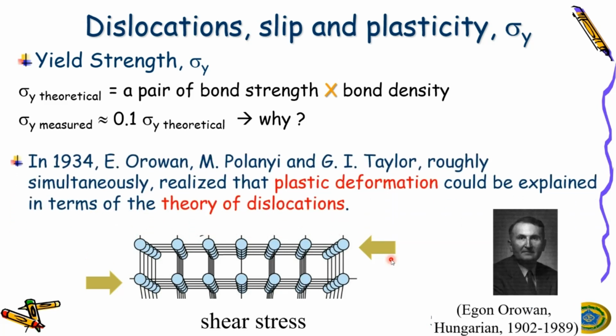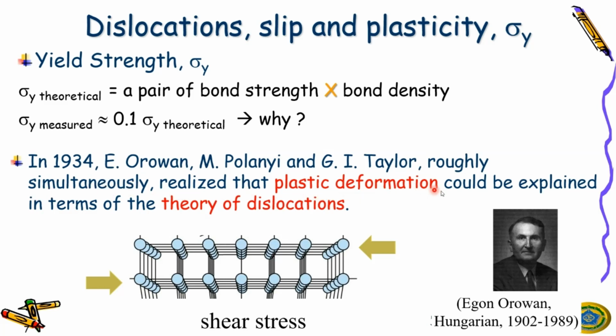So in 1934, Orowan, he is a great scientist, actually an engineer, and he realized that plastic deformation could be explained in terms of the theory of dislocation.